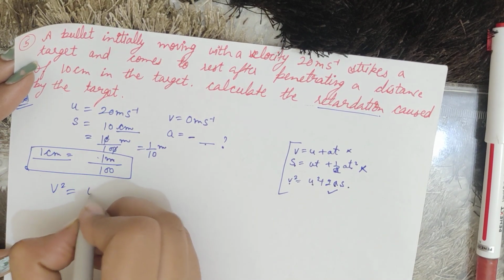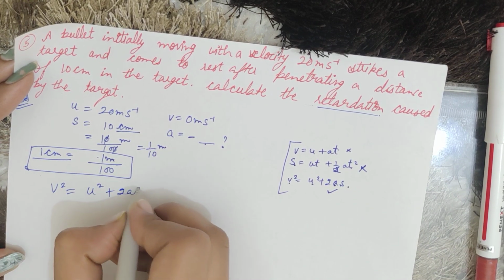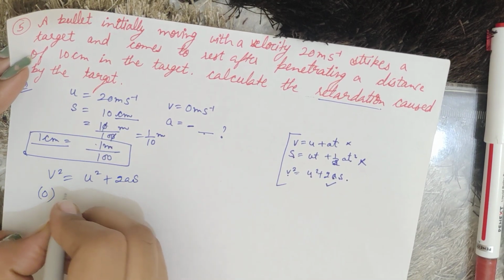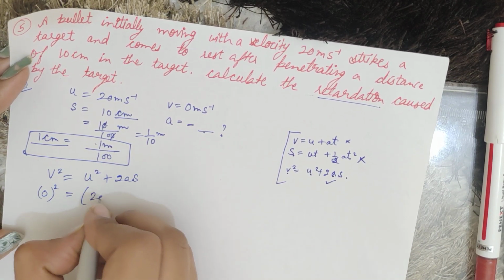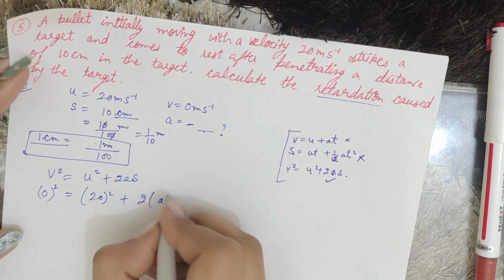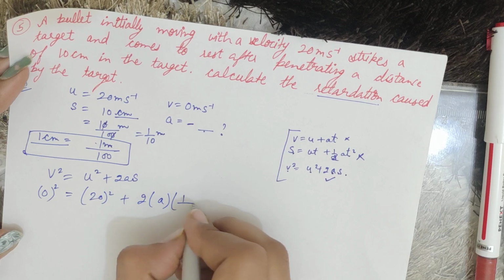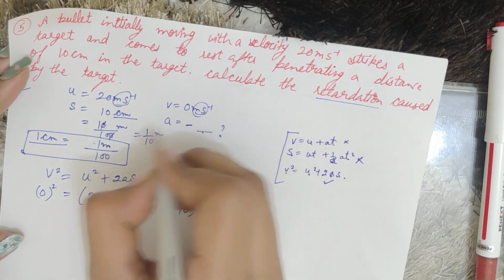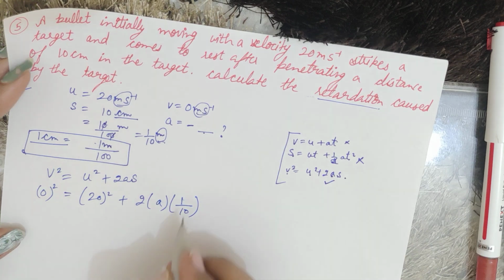So let's use this equation of motion. The final velocity is 0. Initial velocity is 20 square plus 2 into the value of a we need to find out. s is 1 by 10 because we are using all values in meter. So use this value here, 1 by 10.